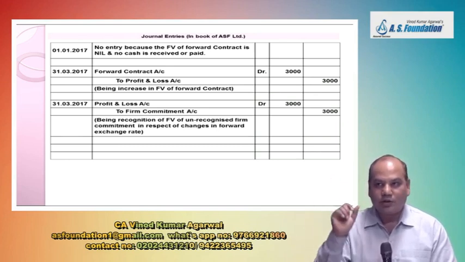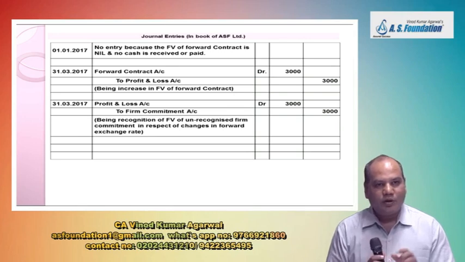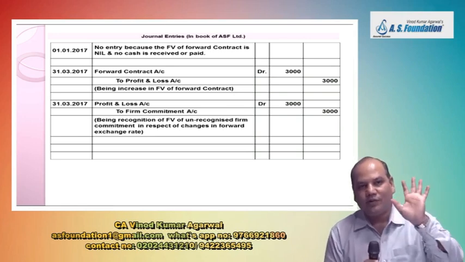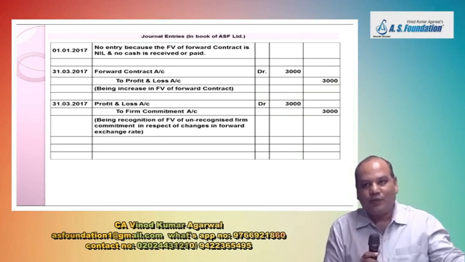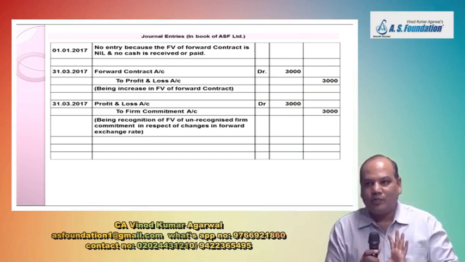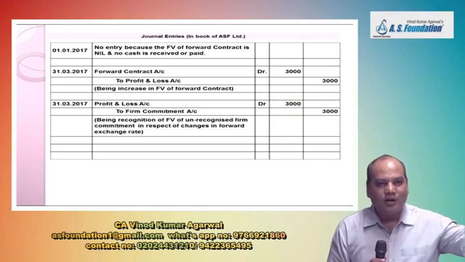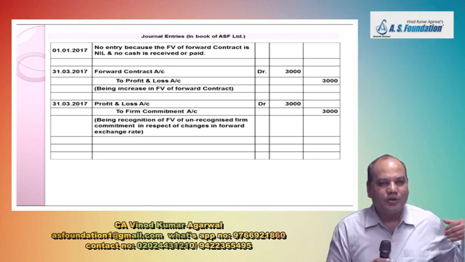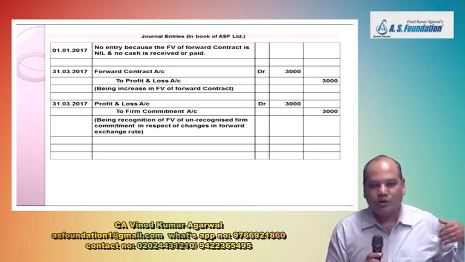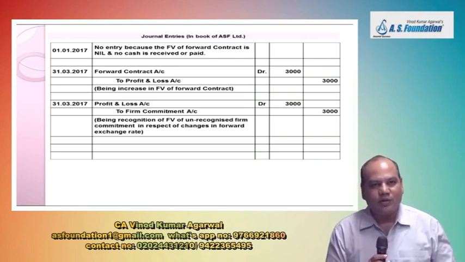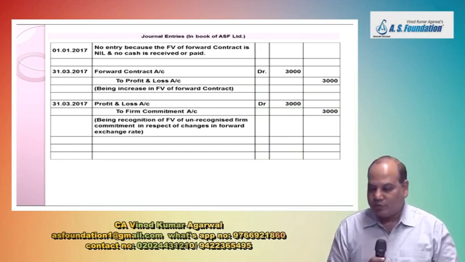I had written the last adjustment, if you remember, fair value hedge. The change in fair value of the firm commitment will be recognized in P&L account. Change in fair value of the derivative will be recognized in P&L account. And in case of an effective hedge, gain in one is compensated by loss in another, or loss in one is compensated by gain in another.